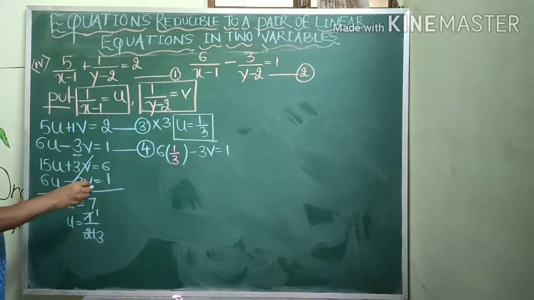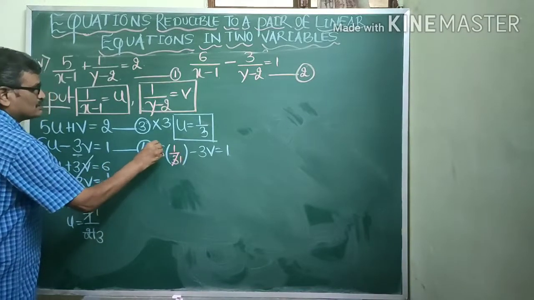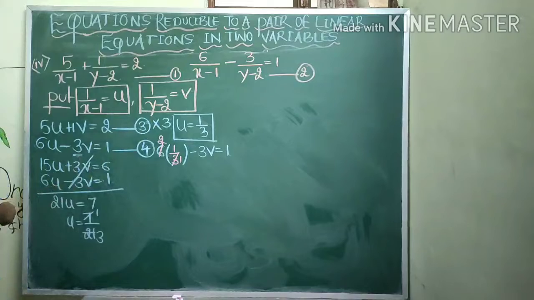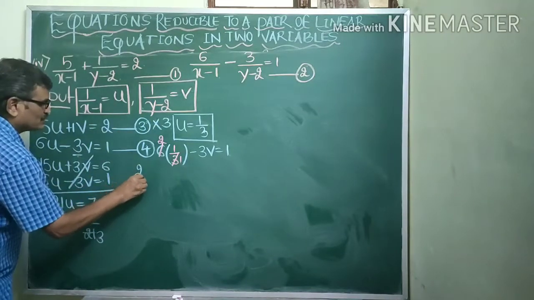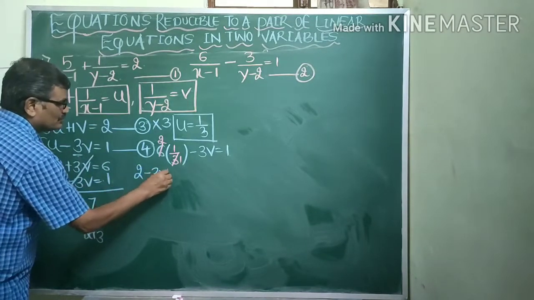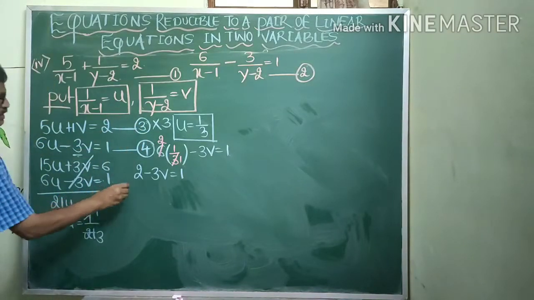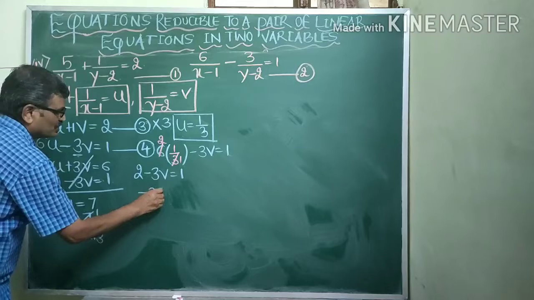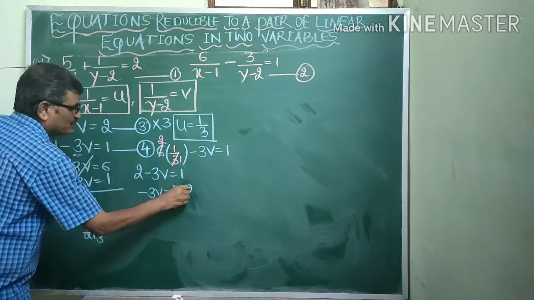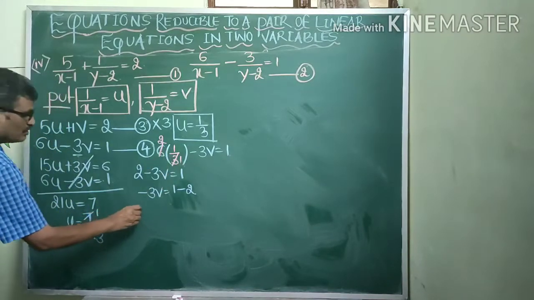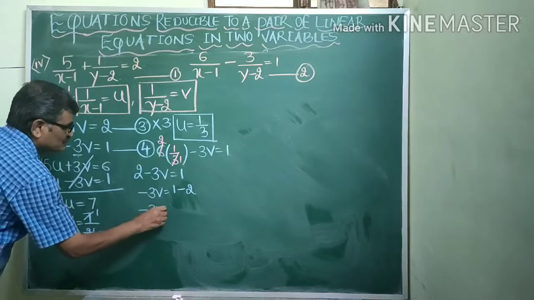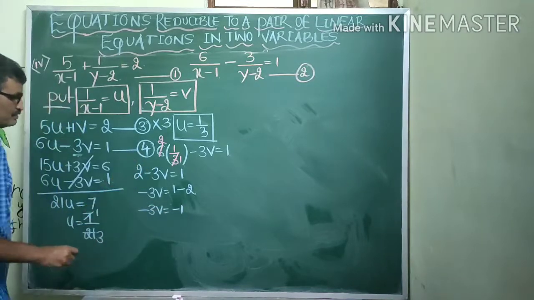By doing so, it can be cancelled very easily. So this becomes 2 minus 3v is equal to 1. That means minus 3v is equal to 1 minus 2, or minus 3v is equal to minus 1.